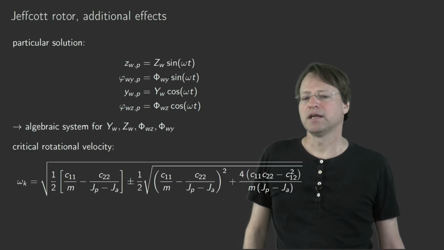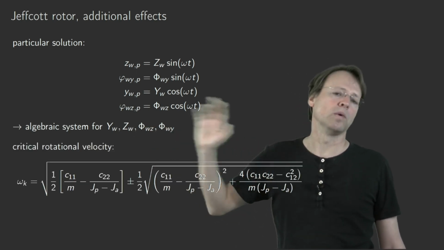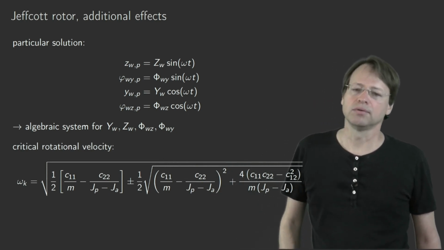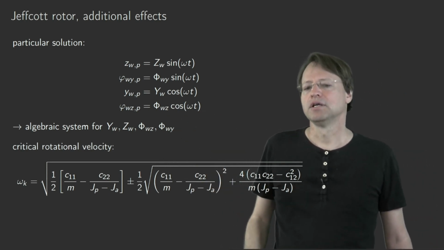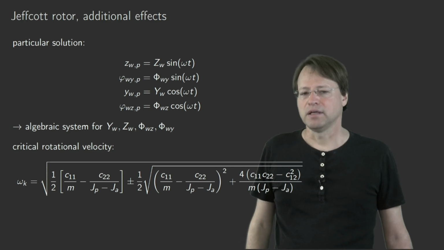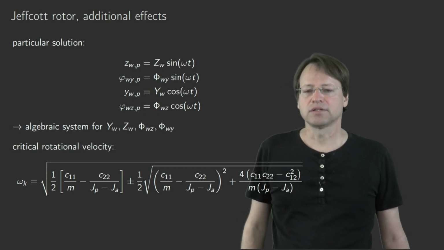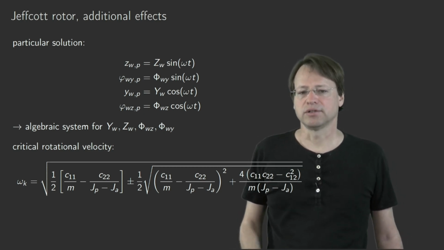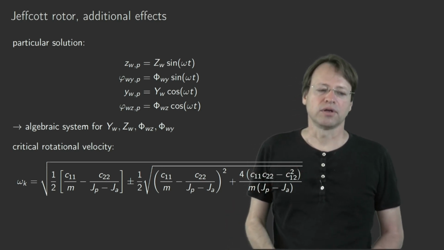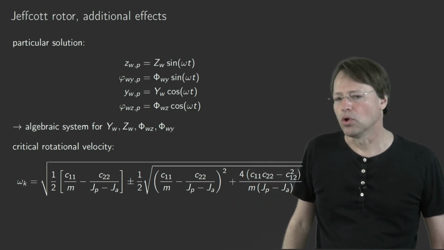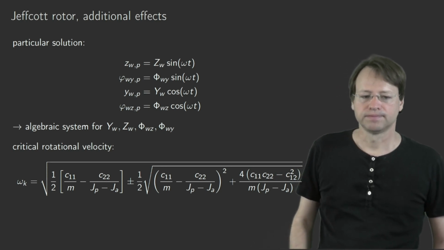And there are, and the expression is quite lengthy, and I don't want to derive it with you. You plug it in, you solve the equation for omega k, and you see it's quite involved. Now the question is, what can you learn from that solution?